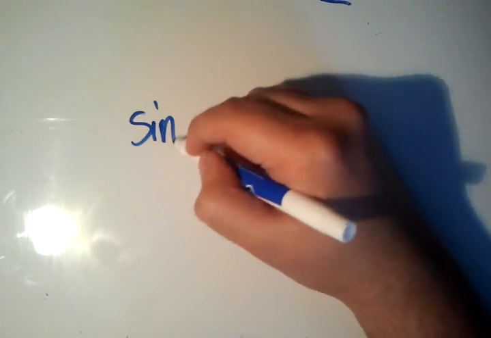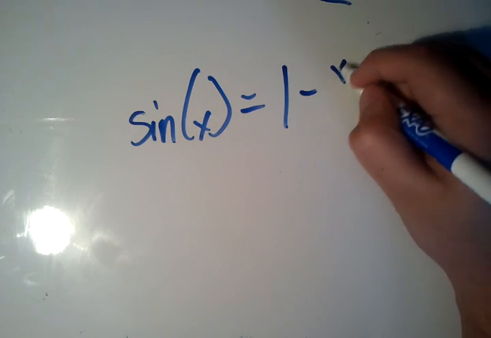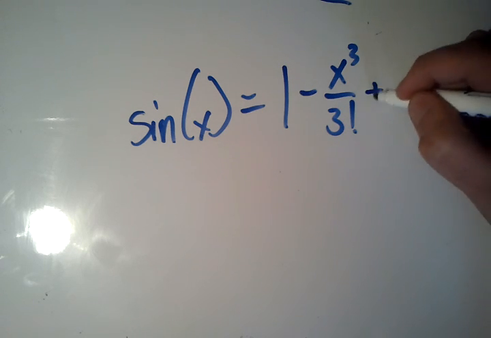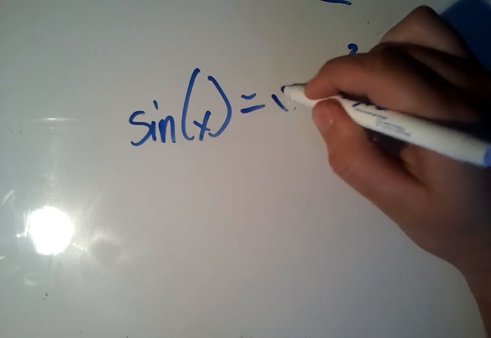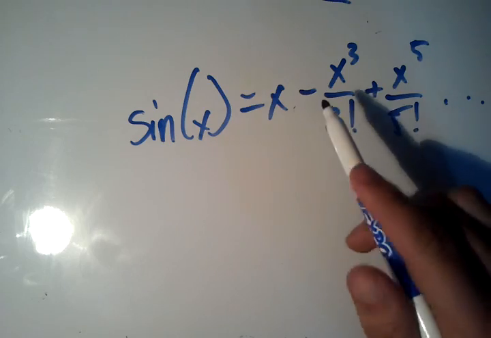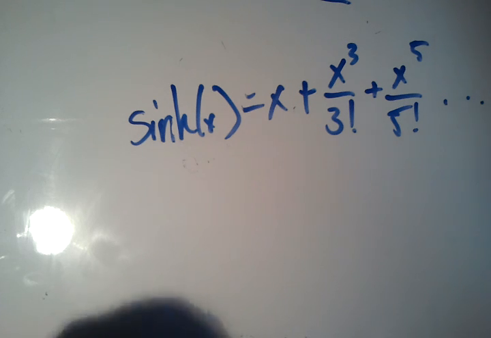Remember, sine's Taylor expansion looks something like x, and then you had minus x cubed over 3 factorial, and then plus x to the 5th over 5 factorial, and so on. And all these signs alternated. Well, they alternated because if they didn't alternate, then they would be the expansion of sinh x.